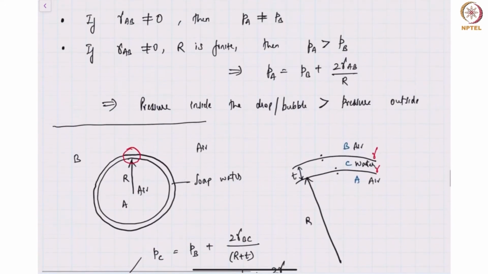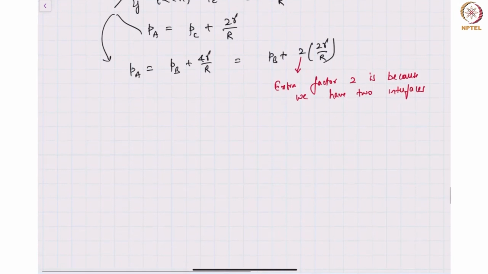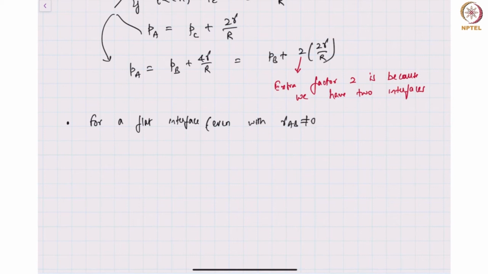Now we have looked at 2 consequences of this expression, PA minus PB is 2 gamma AB by R. We've looked at cases where gamma AB is not equal to 0, and we found that there is a jump across the interface. Let's look at a third consequence. The third consequence is, for a flat interface, even with gamma AB not equal to 0, PA is equal to PB.